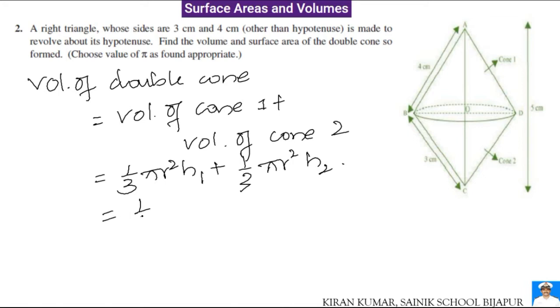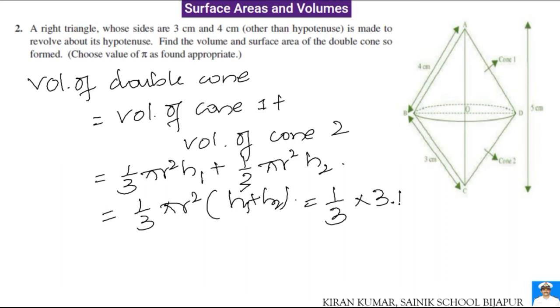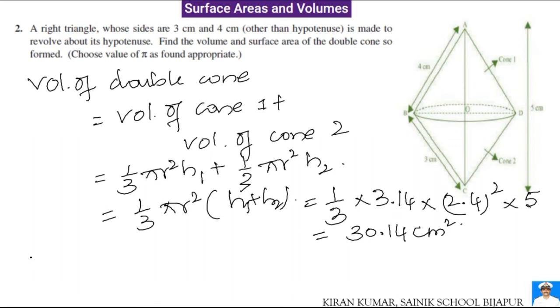So 1 by 3 pi r square can be taken common, times h1 plus h2. h1 plus h2 is nothing but AO plus OC, which is AC. So 1 by 3 into 3.14 into r square, which is 2.4 whole square, into h1 plus h2, which is 5. So roughly we get 30.14 centimeter cube. This is the volume.